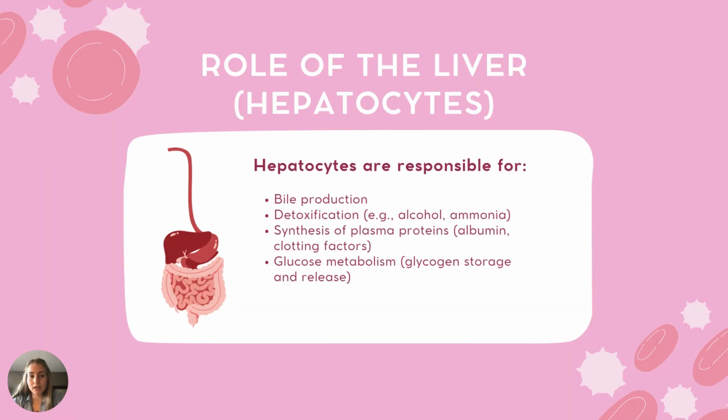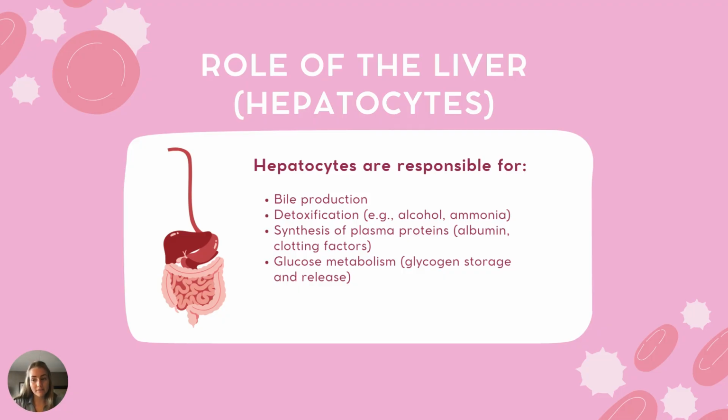Okay, so now we're going to connect normal liver functions to why Peggy's symptoms develop when they fail. To understand Peggy's symptoms, it's important to remember what healthy hepatocytes do. First of all, they produce bile to help digest fats and remove bilirubin.